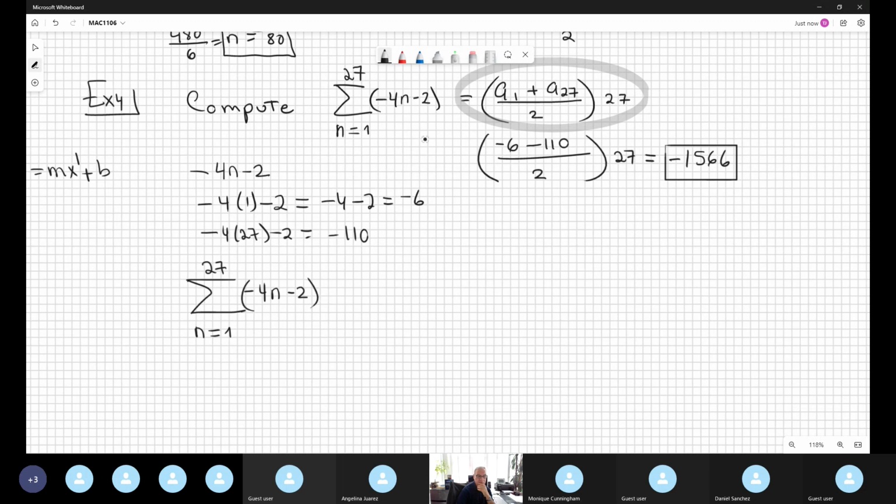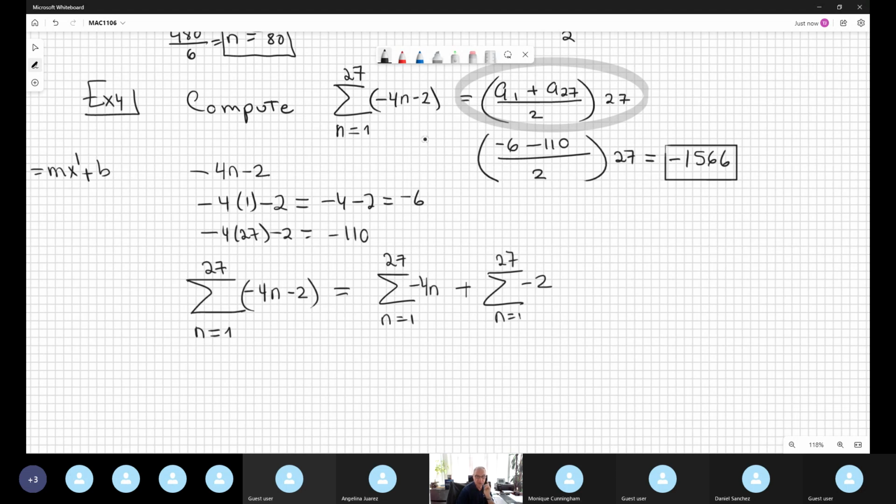So one property says when you have a binomial or trinomial, you can break it down into two summations. One summation is -4n, another summation is -2, with a plus in between. Now this goes from 1 to 27, and this goes from 1 to 27 again.